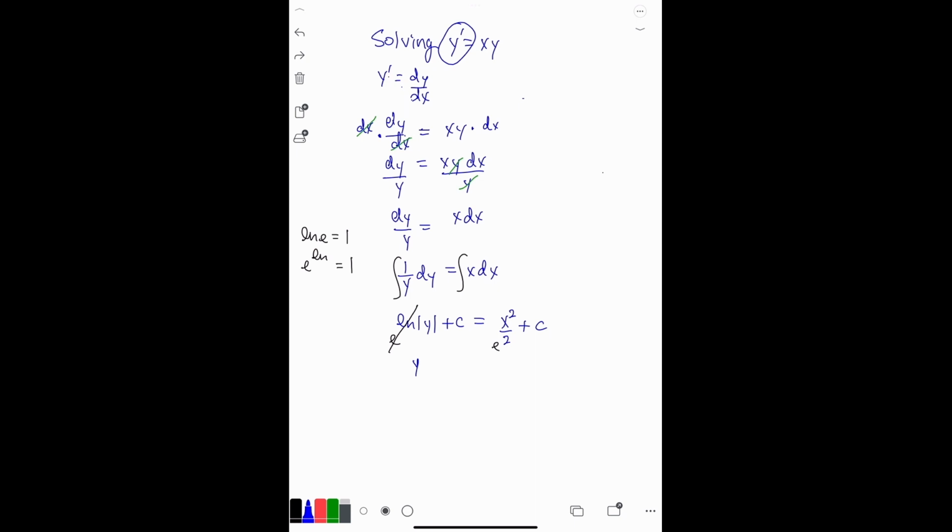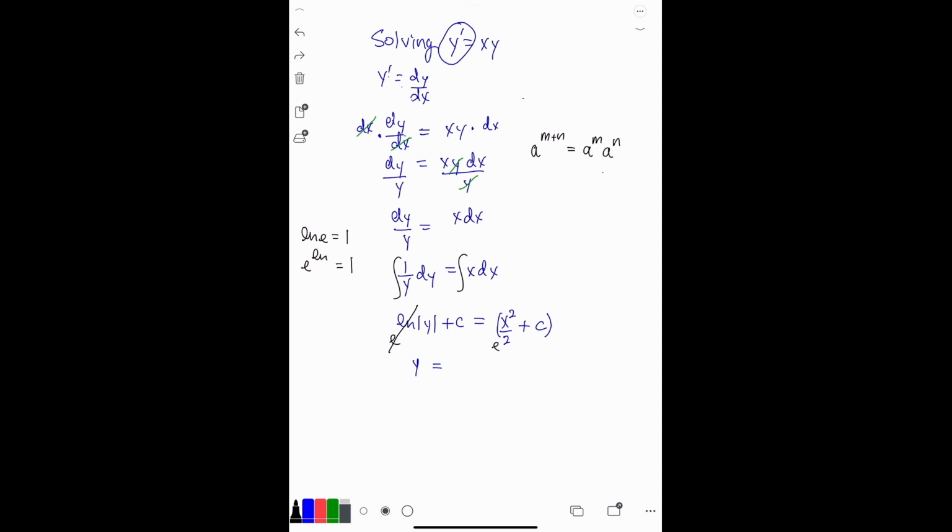Okay, so now we want to change this e to the x squared over 2 plus c to something entirely different. Now, if you remember the product rule, and I'll write it to the side up here, the product rule states that a to the m plus n is equal to a to the m times a to the n.